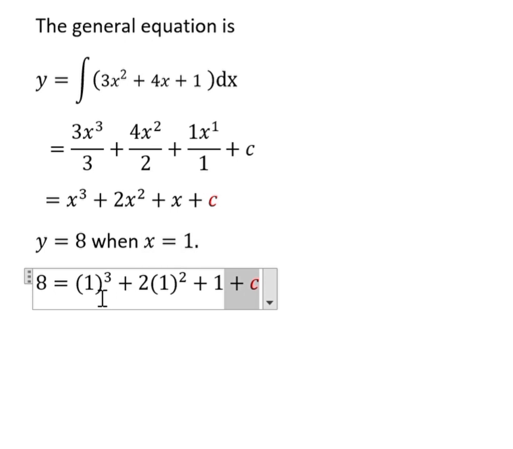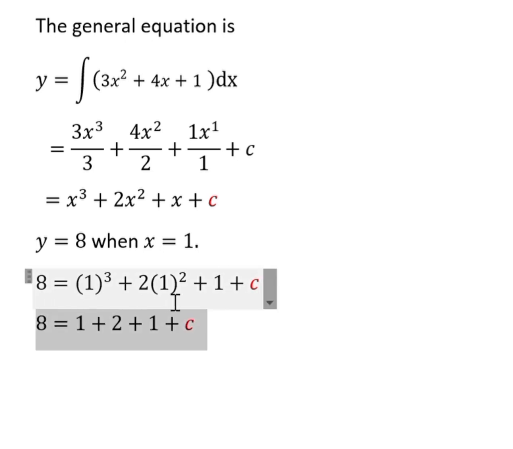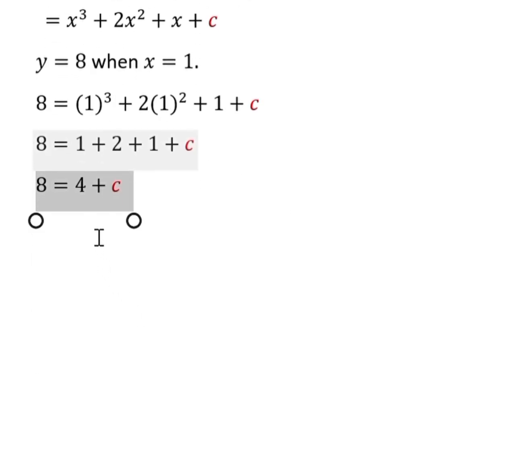So 1 cubed is 1, 2 into 1 squared is 2, and this is 1, then plus c. So this means 8 is equal to 1 plus 2 plus 1 plus c. This gives us 4, so 8 is equal to 4 plus c. Take 4 across the equal sign, we shall have 8 minus 4 being equal to c.